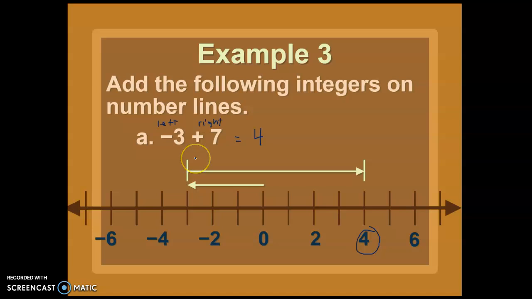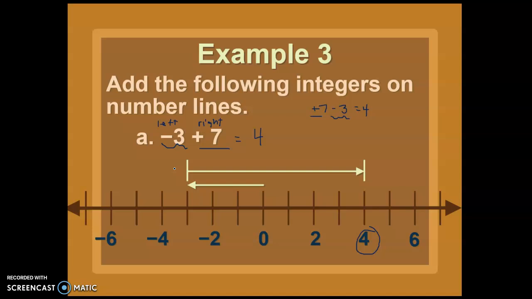Can you think of any number facts that you know where 7 and 3 combined to be 4? Hopefully you said, oh yeah, 7 minus 3 is 4. And if you take a look, I've got a positive 7 here and a positive 7 here. I've got a negative 3 here and a negative 3 here, and they both equal 4.